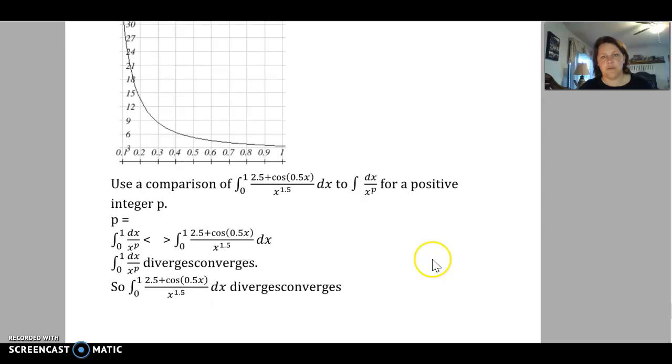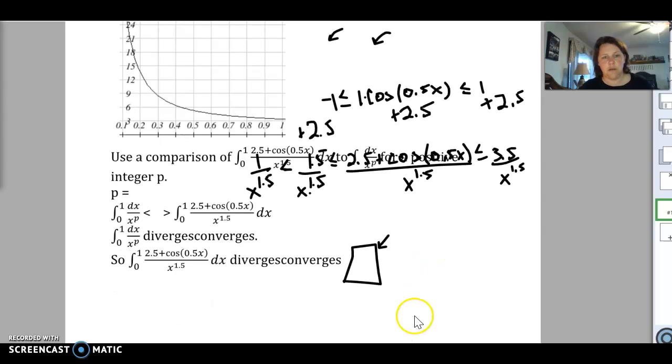So let's move down where we can see here. Okay, so my greatest p-value is going to be 1.5. And then we set our comparison equation. This is our comparison equation right here. It is going to be less than our integral. Okay, and in this case, let's figure out what our integral is here.